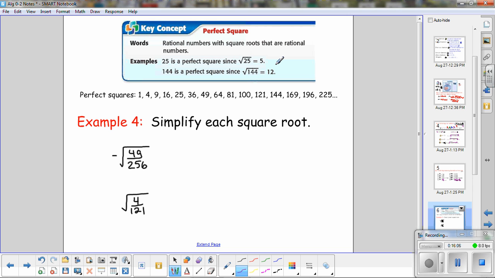Basically, when you take the square root of a number, it's what number times itself gives you that number. So here we have a list of some of the first perfect squares. This right here is 1 squared, 2 squared, 3 squared, 4 squared, 5 squared, 6 squared, 7 squared, and so on.